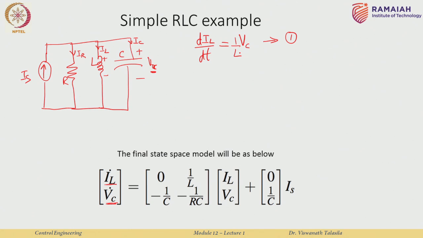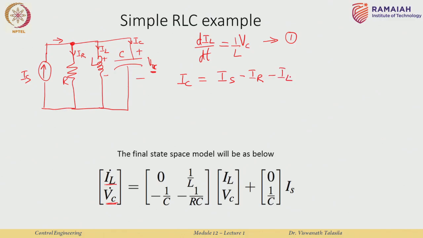To write the second state equation, we will employ Kirchhoff's current law at this particular node, observing that the current through the capacitor is nothing but the total current which is coming in, minus the current which is going through the resistance branch, minus the current which is going through the inductance branch.